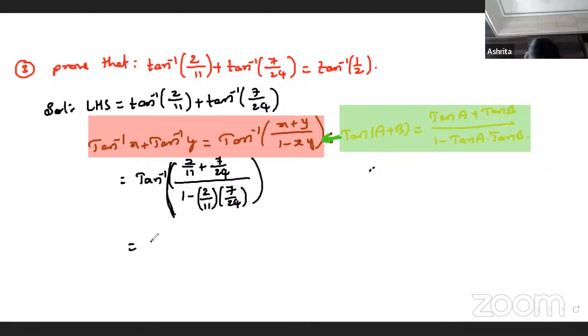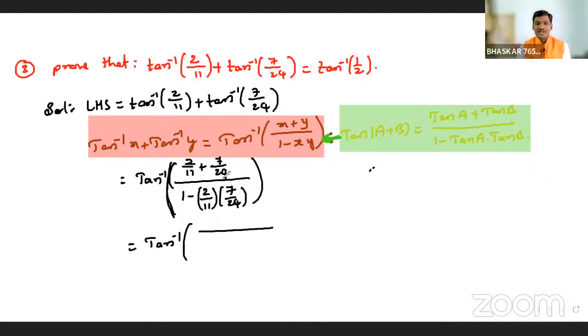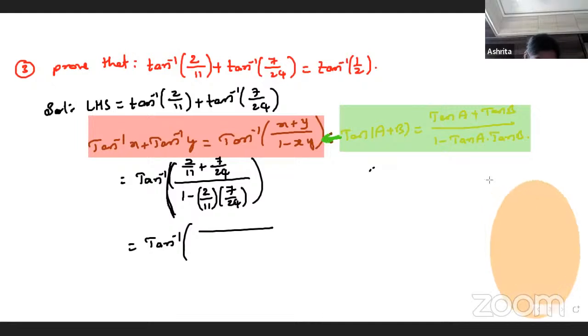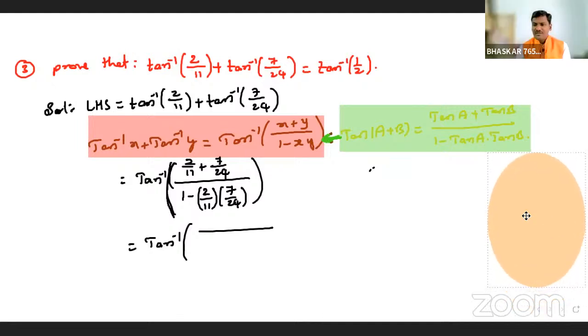Now, tan inverse of, take the LCM, 11 into 24. What is 11 into 24? 264.